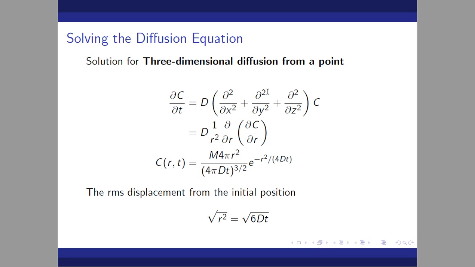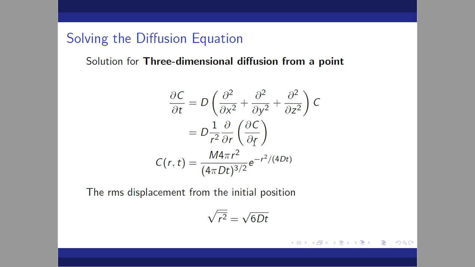So here we have this partial differential equation, D over r squared, partial dr, r squared dc over dr. So we have this solution for the initial value.